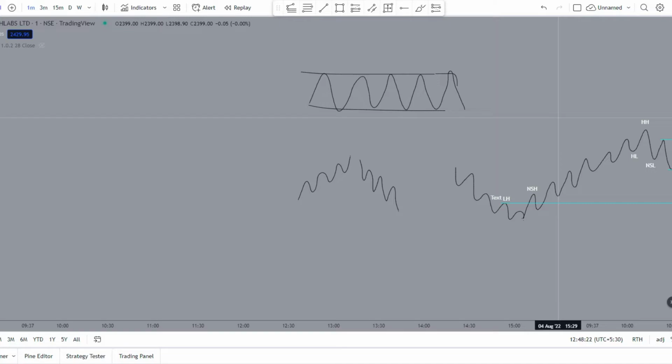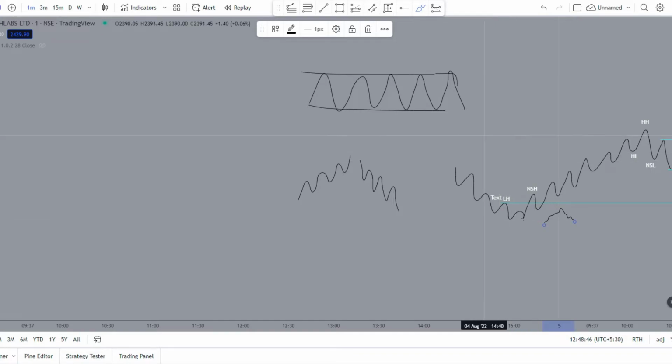You will be able to find it exactly the way I'm telling you, but the possibility is that the pullbacks will not be in a straight line. There will be structure within the pullback or within this swing, also something like that. Smaller swings, smaller swings. The pullback will also be smaller swings like that.